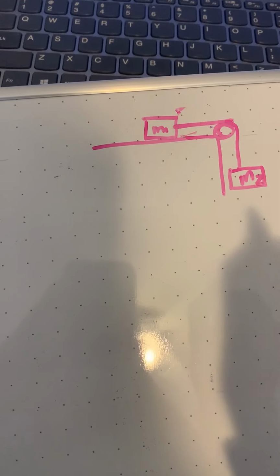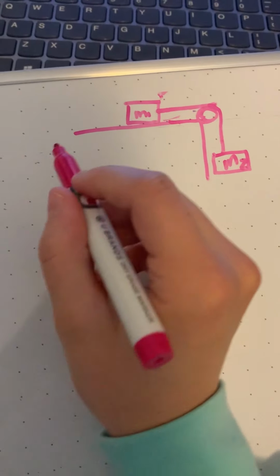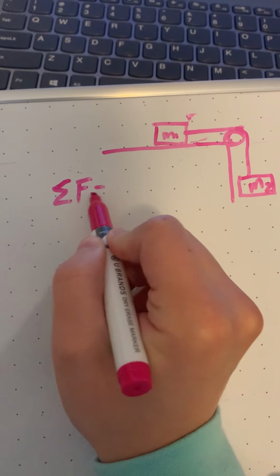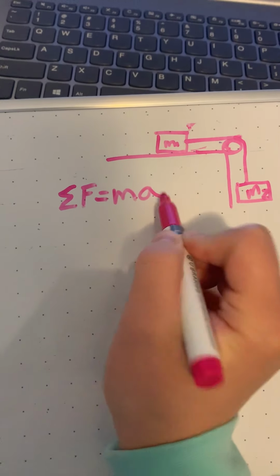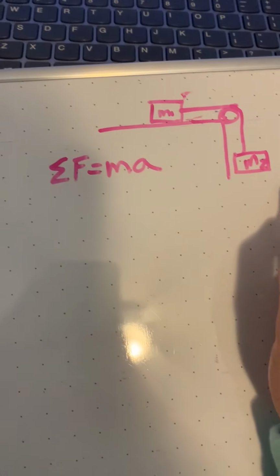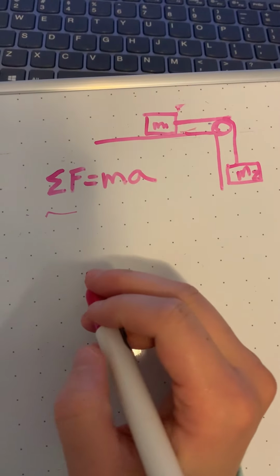So the first thing that we have to observe is the forces on each block, because we know that the sum of forces is going to equal mass times acceleration. So if we want to find this acceleration, since we know masses, all we have to know is the forces on each block.